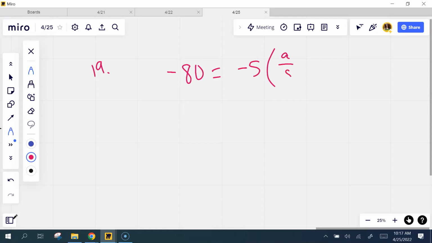5a over 8 to the 4/3. So I'm going to divide by negative 5. What's negative 80 divided by negative 5? 16. Okay.